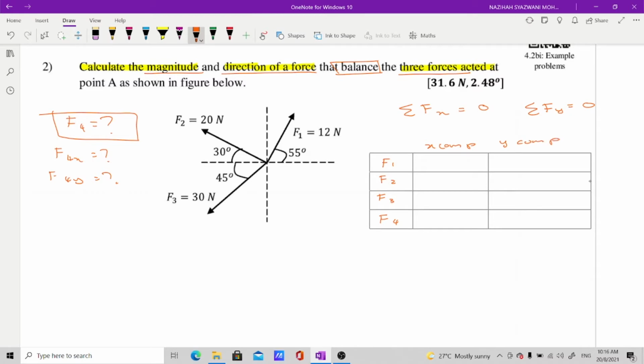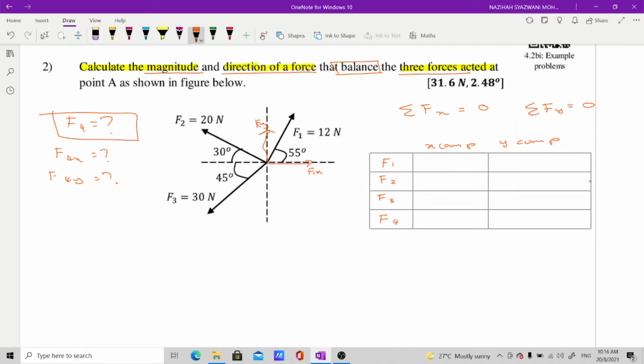For F1, let's resolve F1 into X and Y components. So this is F1y, this is F1x.